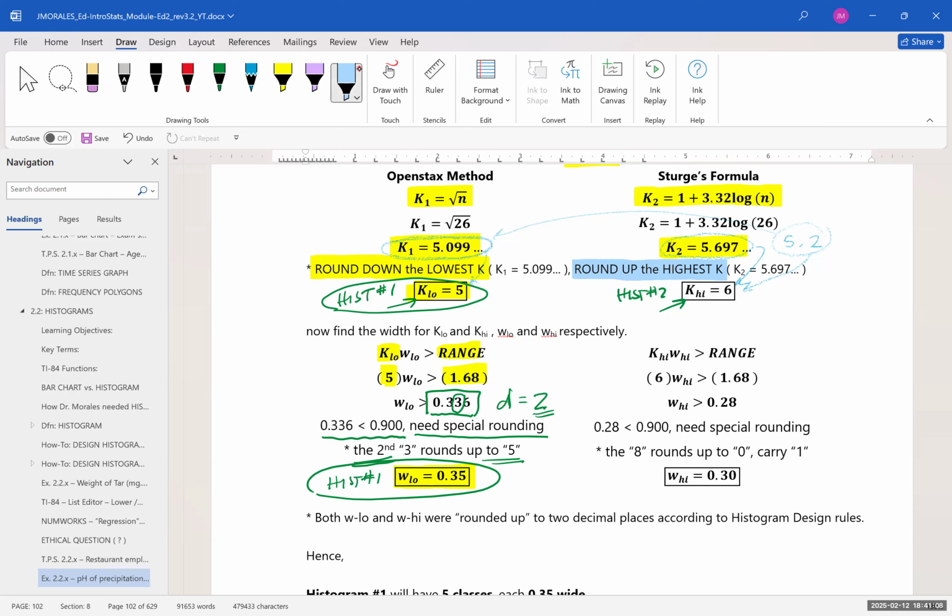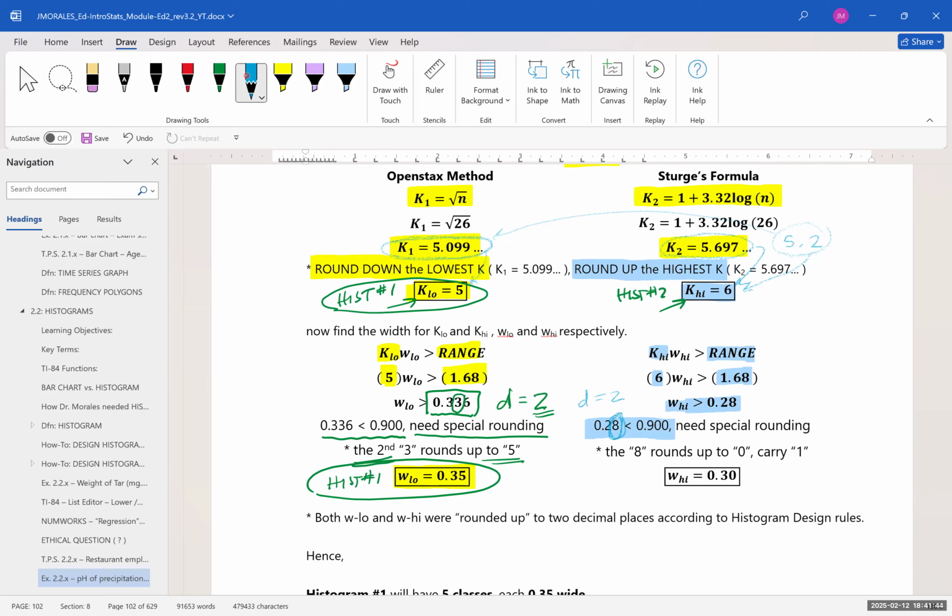Okay, histogram 2 is going to have 6 classes. So we use the same inequality that we just used. Substitute 6 in for K high, substitute in our range, divide both sides by 6, and now we get a width of 0.28. Now 0.28 is less than 0.9, so like just before, we need to do our special rounding. And again, because D was equal to 2, we want to look at the second decimal place.